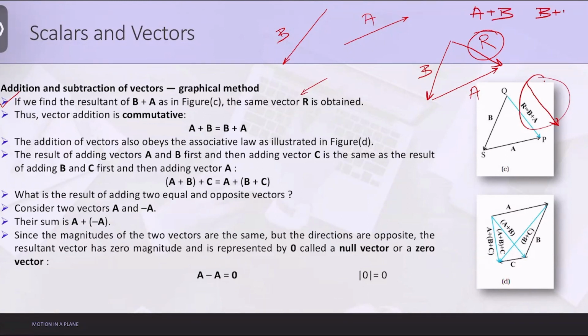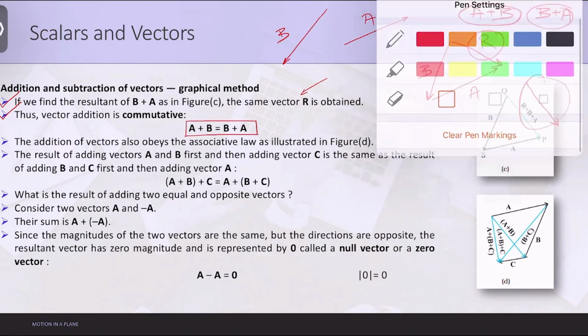So there is no difference between A plus B and B plus A. Hence, vector addition is commutative. The commutative property says that A plus B is equal to B plus A. That was the explanation of one property.